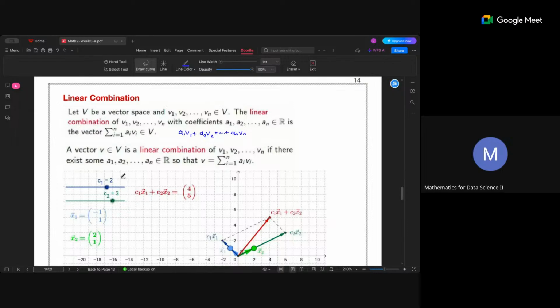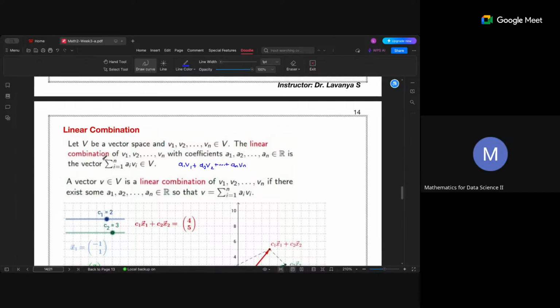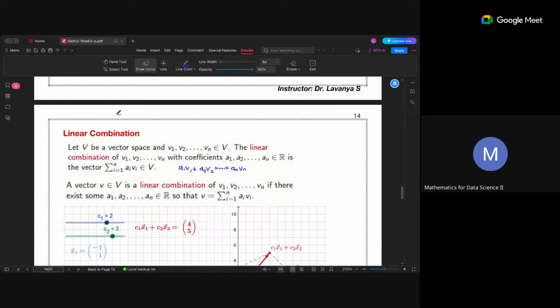Generally, a vector v in V is a linear combination of some vectors if we can write v as a1v1 plus a2v2 plus anvn for some scalars. Suppose I have, let us say, (1, 2). Can I write it as a linear combination of these two vectors?